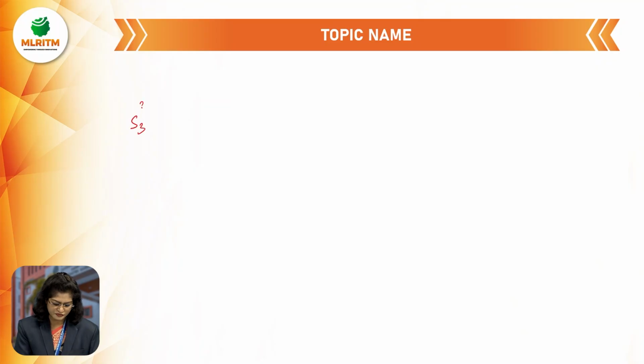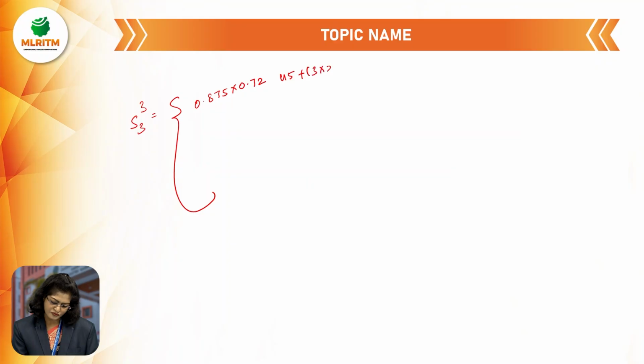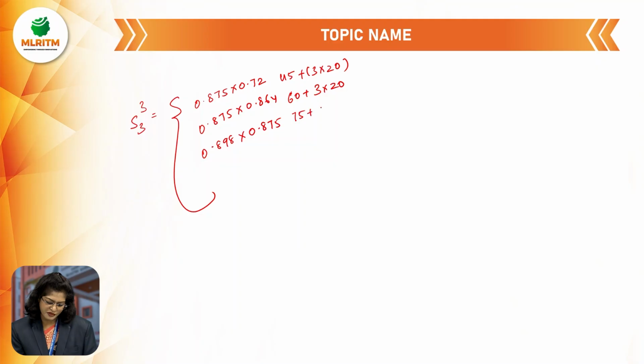So, once again. 0.875 into 0.864, 60 plus 3 into 20. 0.875, 75 plus 3 into 20. 0.875 into 0.98, 105 plus 3 into 20.